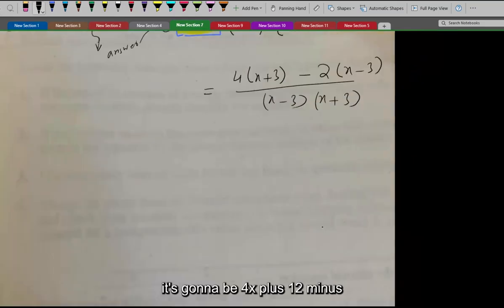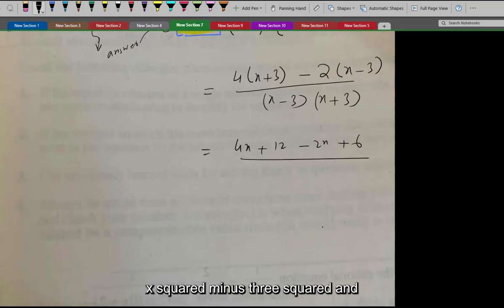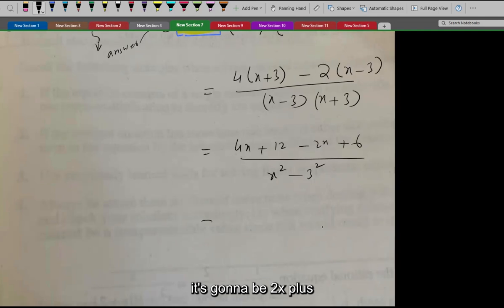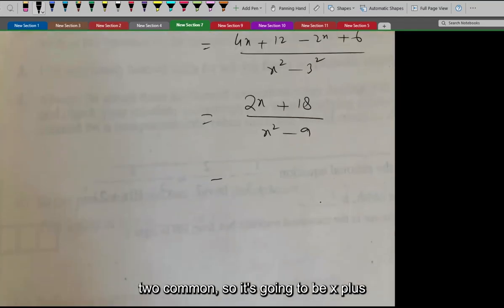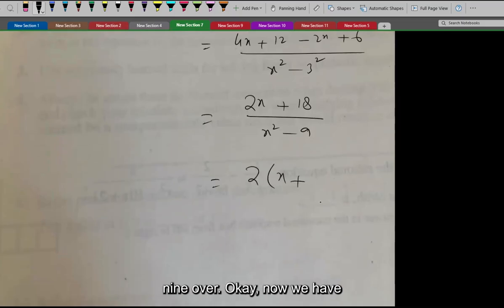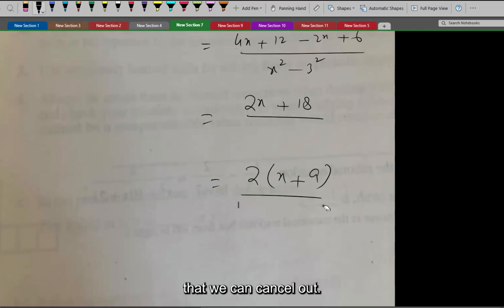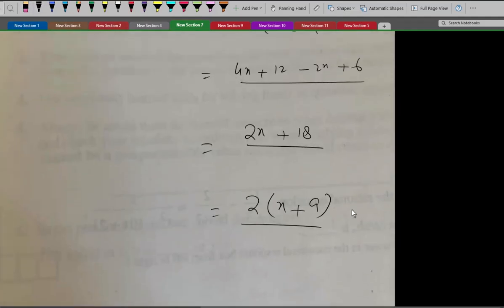If I just do it quickly, this is going to be 4x plus 12 minus 2x plus 6 over x squared minus 3 squared, and it's going to be 2x plus 18 over x squared minus 9. And if we take 2 common, it's going to be x plus 9 over, okay, now we have got the factor form, so we need to go to the factor form so that we can cancel out.